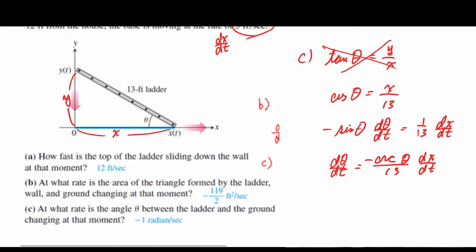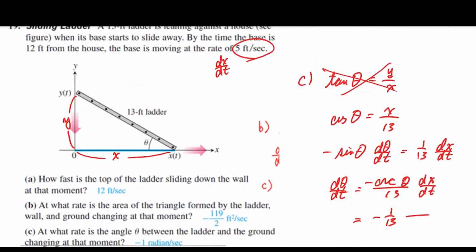Okay, I'm going to plug it in for you. So what is cosecant? 1 over 13 is easy, but what is cosecant? Well, we get it from the triangle. At the moment, this side is 12, right? That makes this thing 5 and 13. Pythagorean theorem, too much geometry. So cosecant is this over this, isn't it?